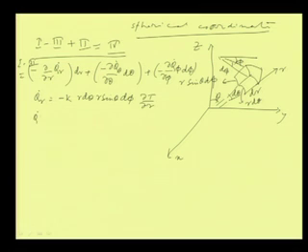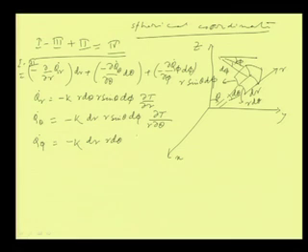Then q dot θ equals minus k into area dr into r sin θ dφ into ∂T/r∂θ, and q dot φ is again minus k into dr into r dθ into ∂T/r sin θ ∂φ.